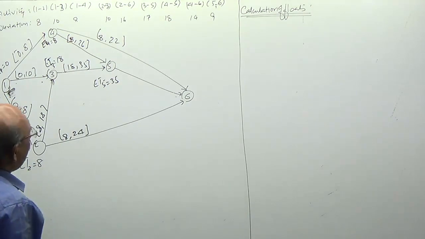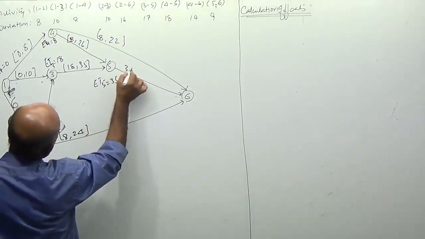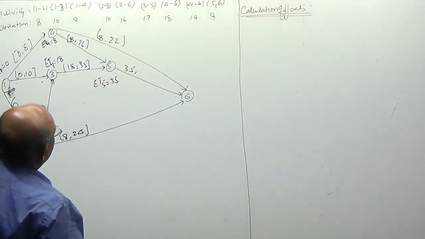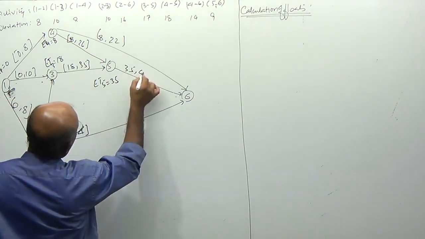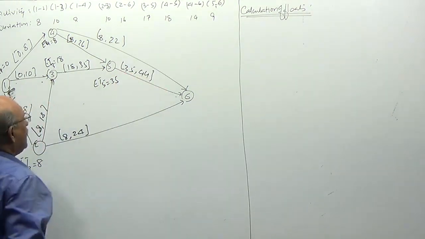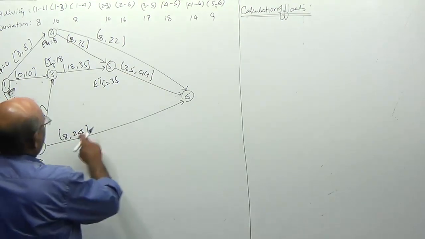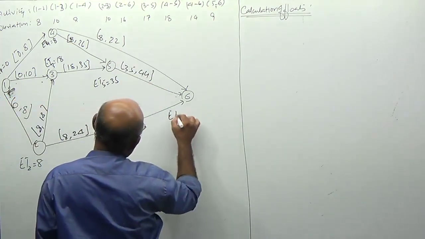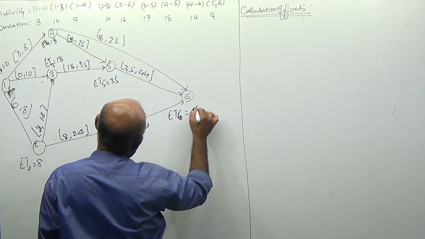So 35. 5-6 will take 9 days, 35 plus 9, 44. 24, 44, 22. Earliest timing of 6 is equal to 44.